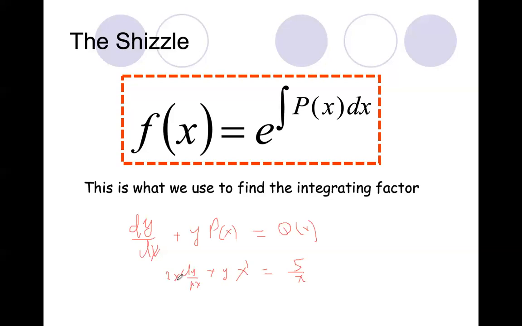So you must divide by 2x here. So you have dy dx plus y times x squared over 2 equal 5 over 2x squared. So you have to rearrange your problem like that. And then now it's easy to find the integrating factor from here.